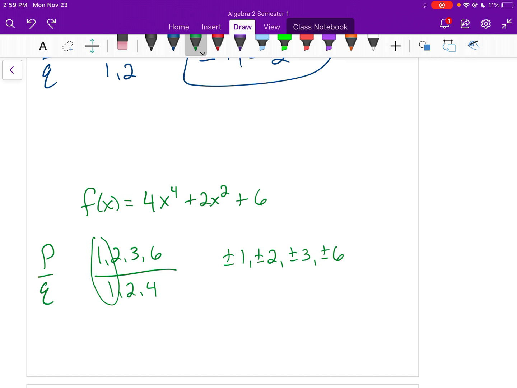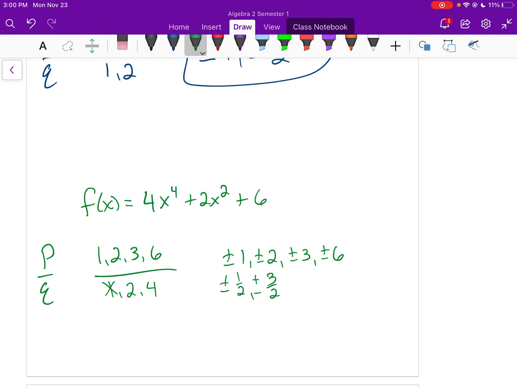But now we finished with that 1. Now we need to go with the 2. So plus or minus 1/2, plus or minus 2 over 2, which is 1. I already have that with this one, so I'm not even going to worry about writing that one. We do not need to repeat ourselves. So then we got plus or minus 3/2.